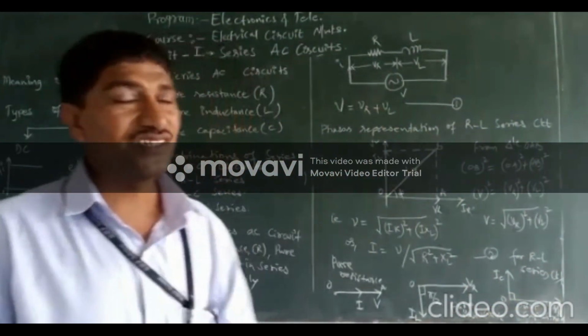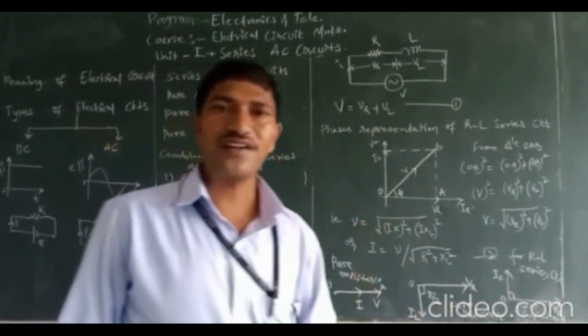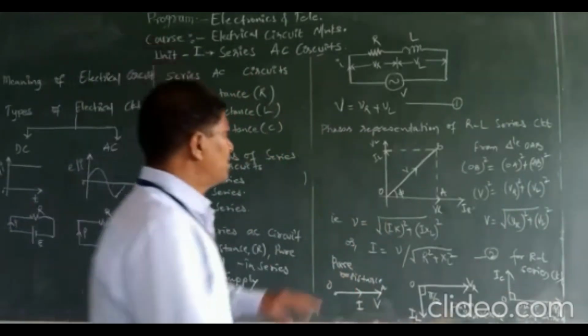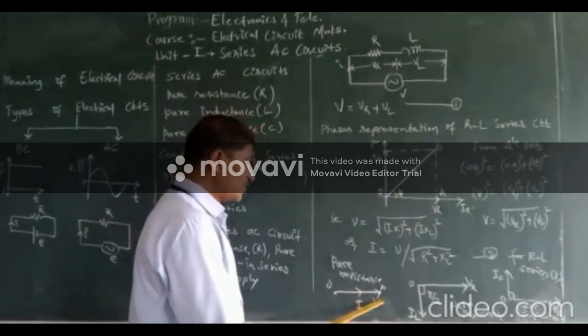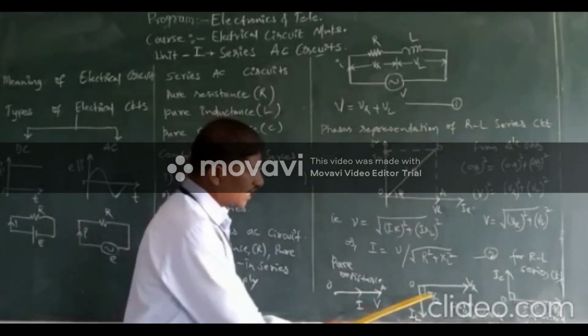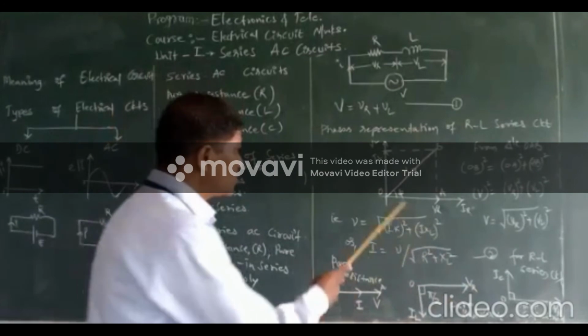These three things are essential when we are trying to draw phasor diagrams for R, L or any of the series circuits. Now assuming an RL series circuit, for pure resistance voltage and current will be in phase, and for inductance, current lags by an angle of 90 degrees. So this is shown here.